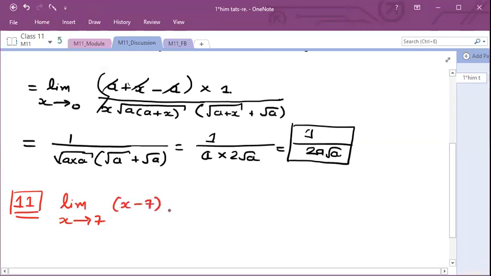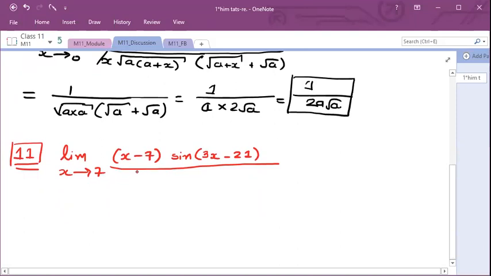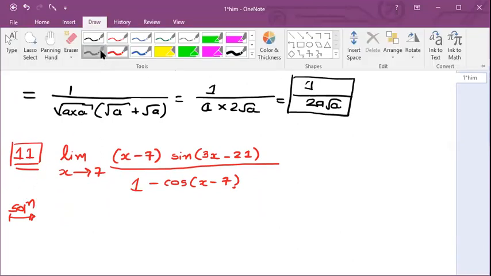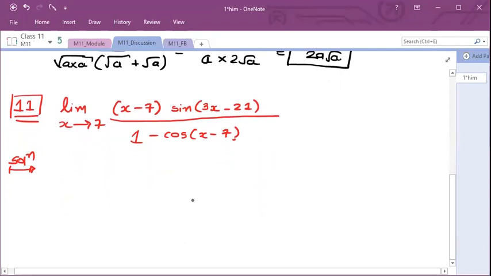Limit x tends to 7, (x minus 7) sine (3x minus 21) whole divided by cos, or I can say 1 minus cos (x minus 7). Chalo, how we can find this solution?